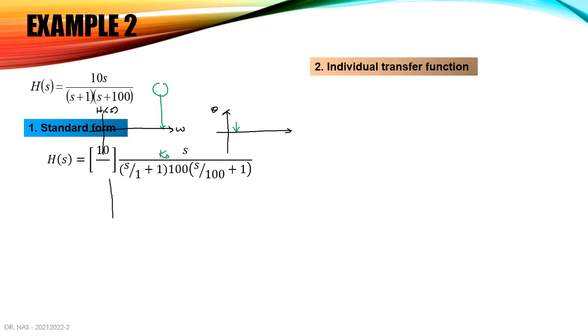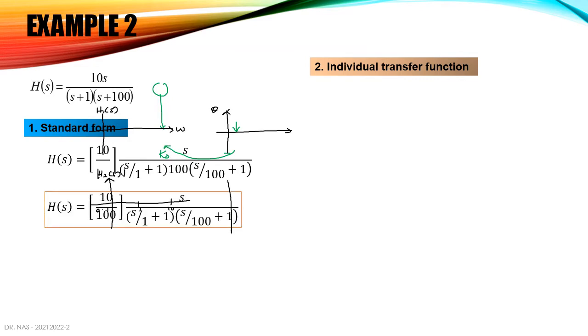For the second one you need to factorize 100 because you need to have s plus 1, so the component becomes s divided by 100 plus 1. Now you need to move all constant values into the constant term. So finally, this is the standard form of the given transfer function.